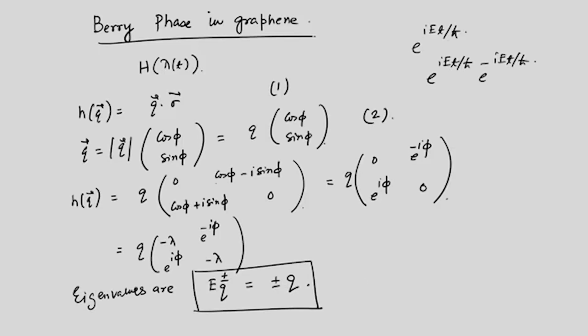How about the eigenvectors? The eigenvectors can also be found, they are pretty simple. I just write down the results, but I am sure that you can do this. So, the two eigenvectors corresponding to the plus and minus signs, let us call it equation 3.